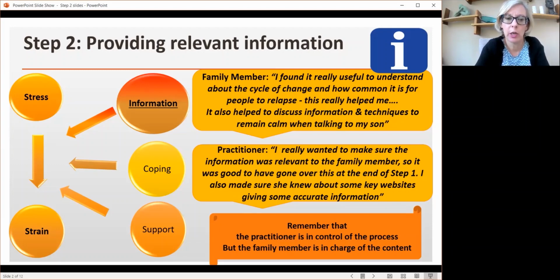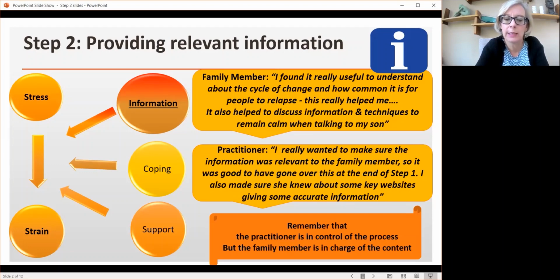And the practitioner reflected about how useful it was to be prepared for step 2 at the end of step 1, and also that it was really empowering to clarify with the family member about where to get accurate information.